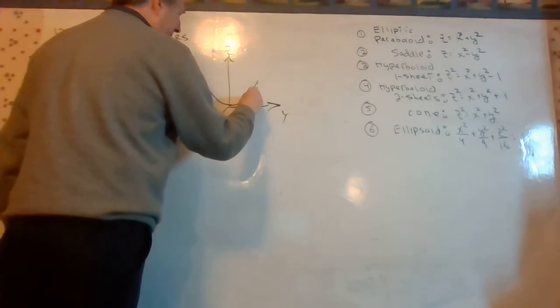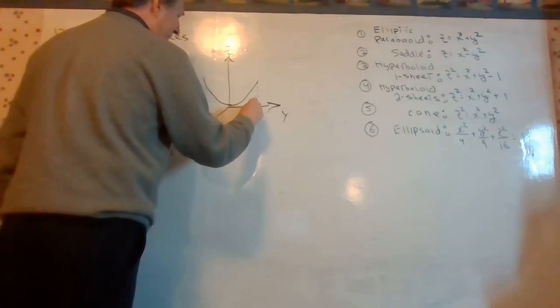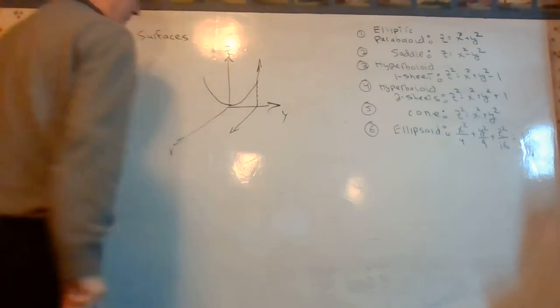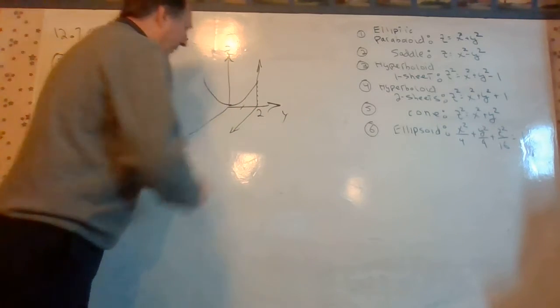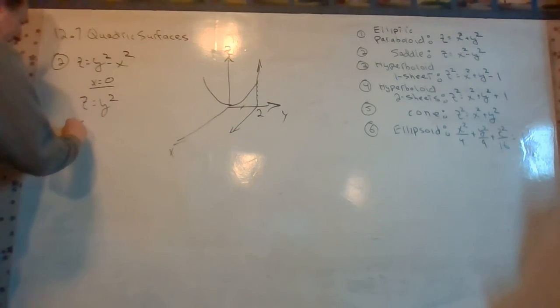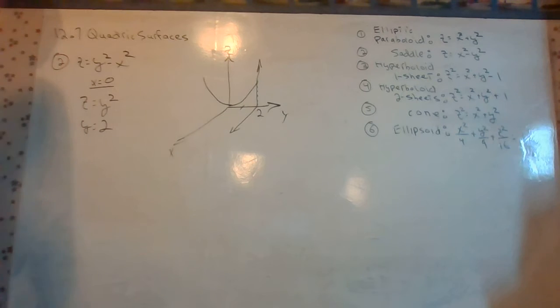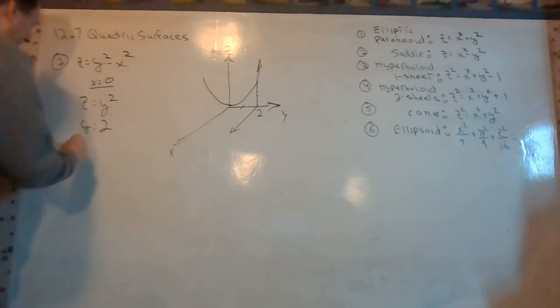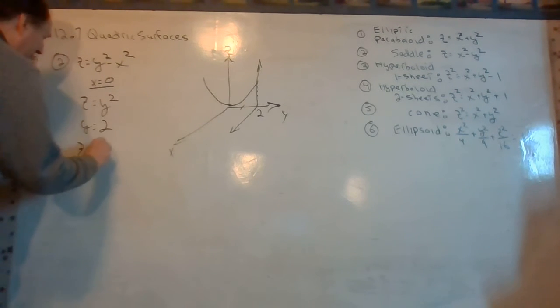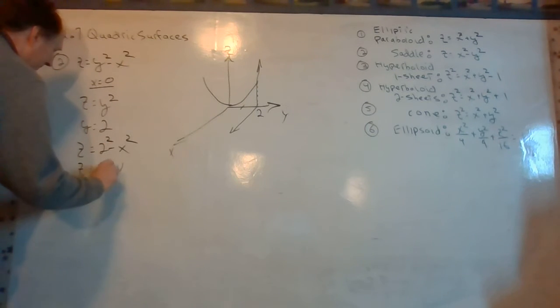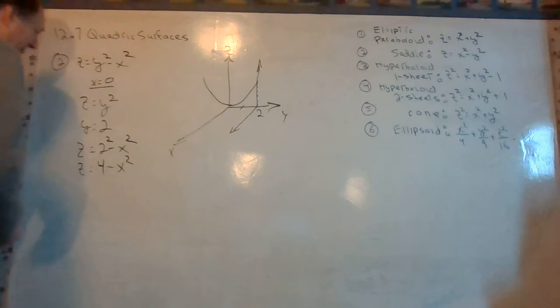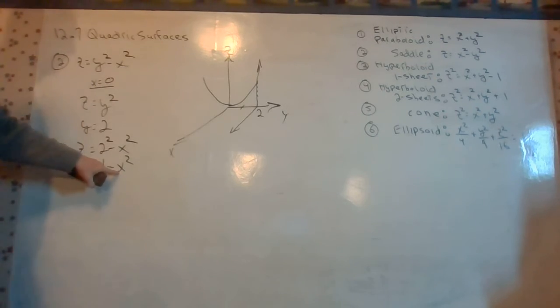Then what we're going to do is we're going to move down a bit. And let's suppose this is y equals 2. Plug in 2, we get z equals 2 squared minus x squared. And guess what? We have a concave down parabola.